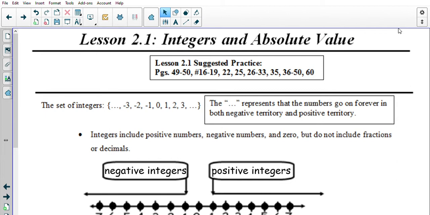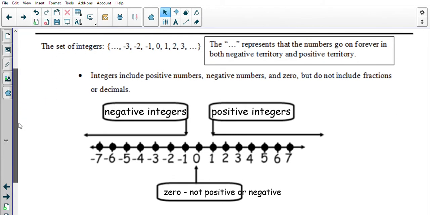So the first thing I want to define for you is the set of integers, something I've probably already mentioned or talked about in class. The set of integers includes numbers like -3, -2, -1, 0, 1, 2, and 3. And the dot, dot, dot on either side represents that the numbers go on forever in both the negative territory and positive territory.